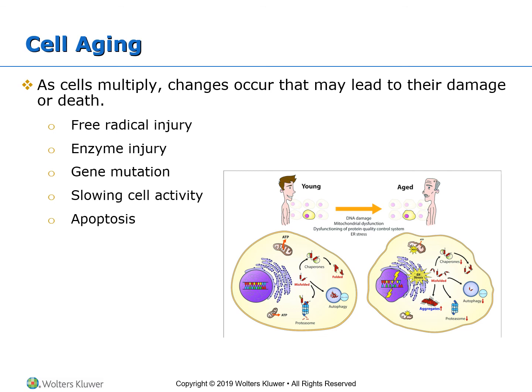Now, there are a few theories related to aging and what makes a cell age. One of them supports the idea that cells taken from a young person will divide more times when they are grown in a laboratory environment, as opposed to those taken from an older adult.